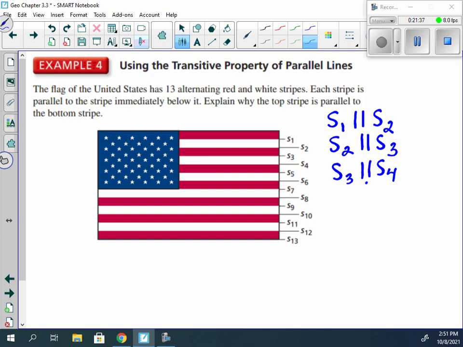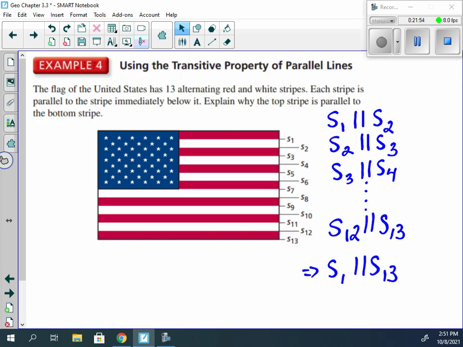Well, we can continue on like this until we say really S12 is parallel to S13. Therefore, S1 is parallel to S13. And we're really just repeatedly using our transitive property of parallel lines.